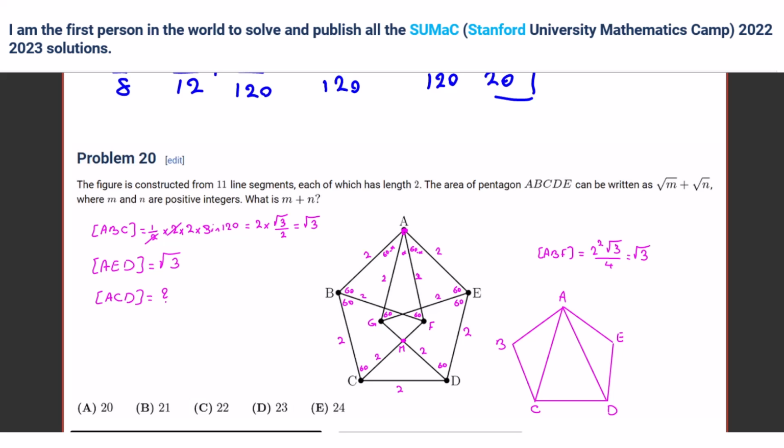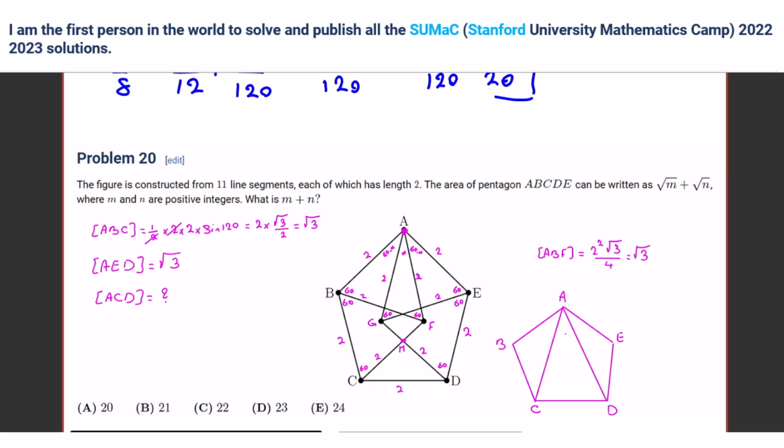Because if you take side AC, that's just 2 root 3 because it's two altitudes of the equilateral triangle.